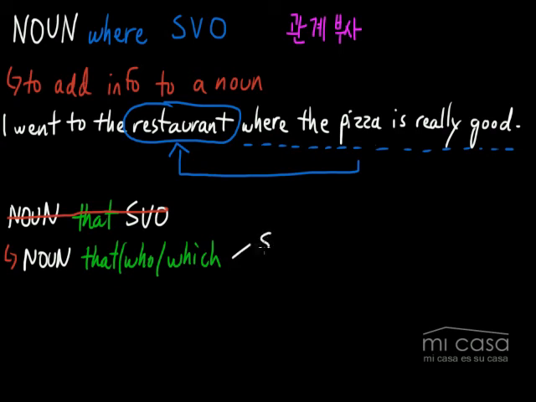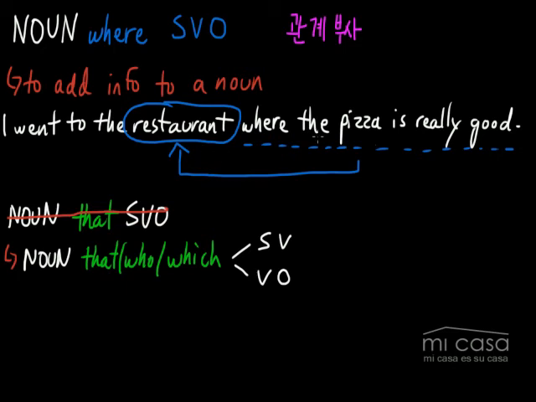You will either have a subject and a verb, or a verb and an object, because that, who, or which are either the object in the sentence or the subject. But when you're using where, this is not the subject or the object. It's to make a sentence where you have another full sentence about the noun that comes before.